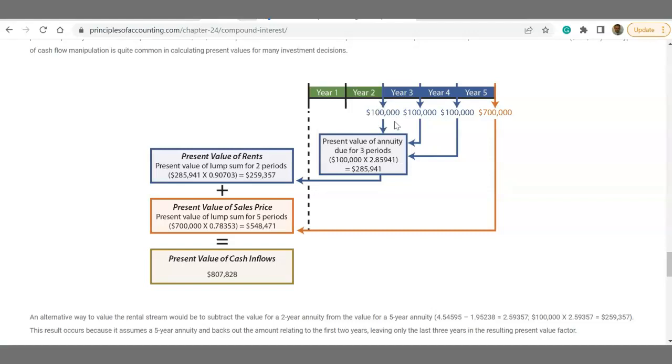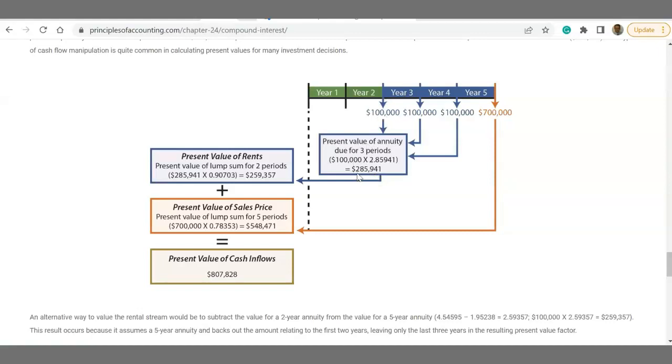But that present value of annuity due will be at this point, at the end of year 2. So you stop right there. Present value of these 3 payments at the beginning of year 3, year 4, and year 5, to bring it to present value of annuity due for 3 periods. But this is not the final answer because you are in year 2.